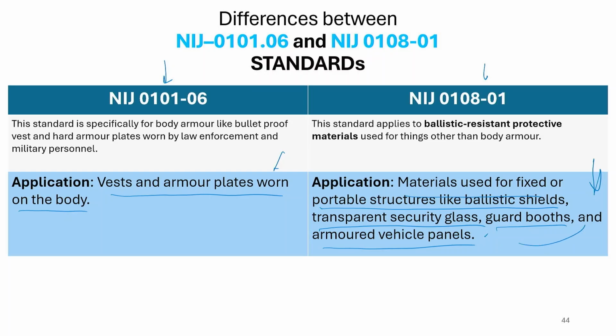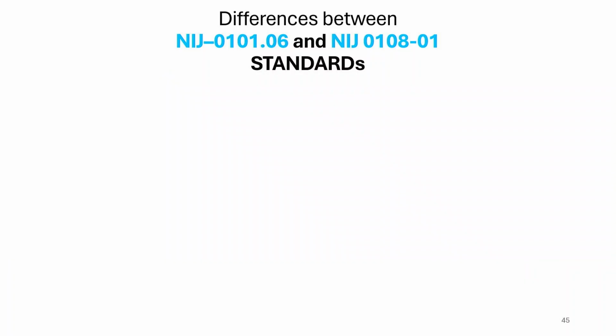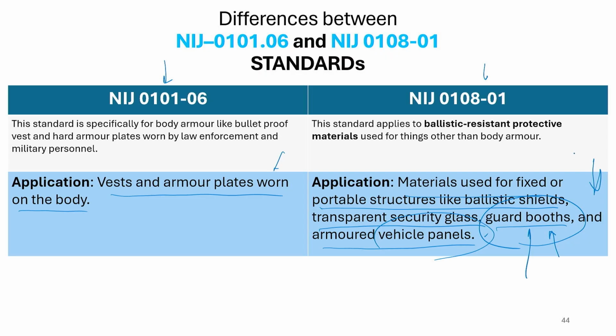So any material in a fixed place like a guard booth, where there are threats, or a portable structure like a vehicle panel, which we can put in some specified places. So NIJ 108.01 is for materials other than the body armor.